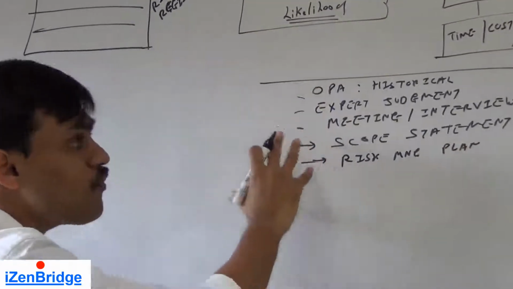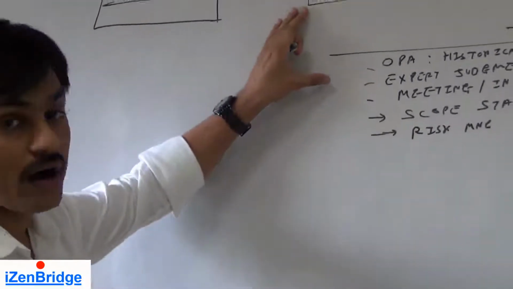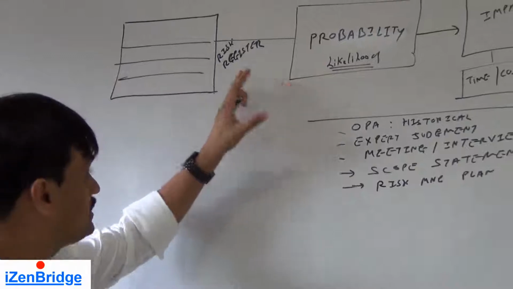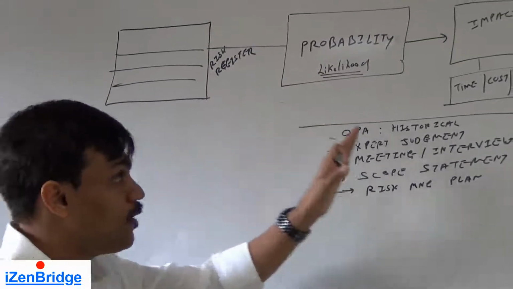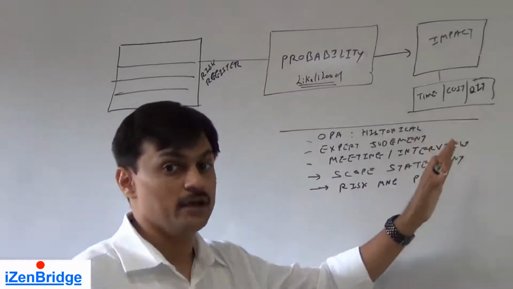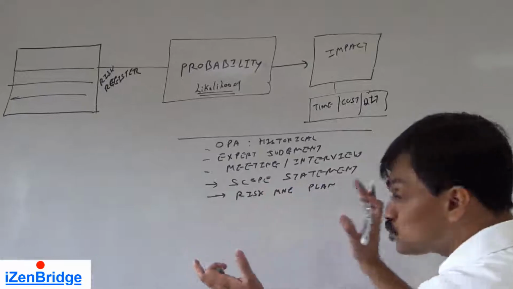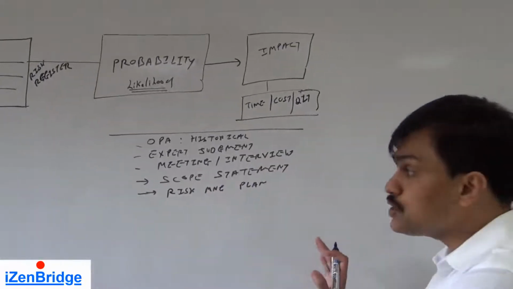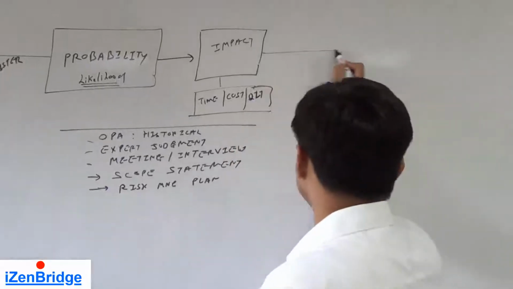So with the help of all these, by doing our analysis, we identify how probable these given risks are and what kind of impact they can make on various project dimensions. Once we do that analysis, we need to look at the overall risk rating.